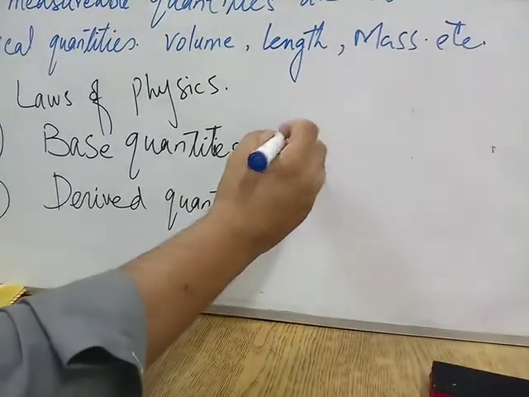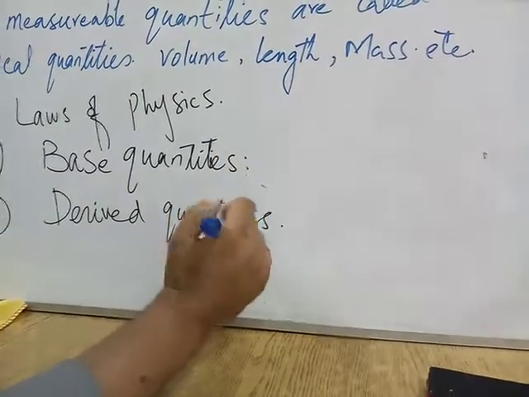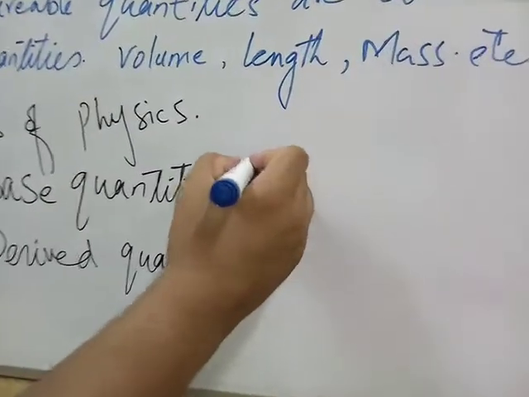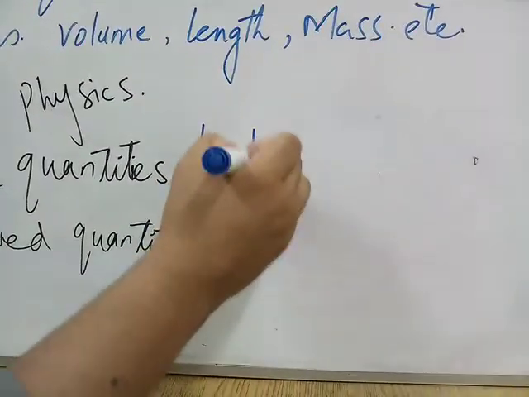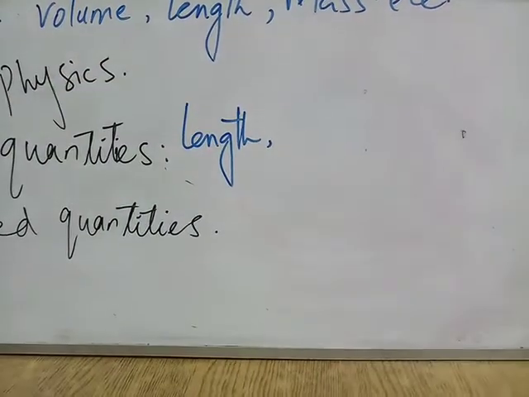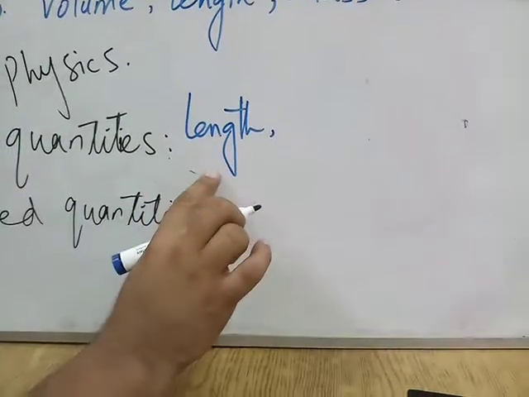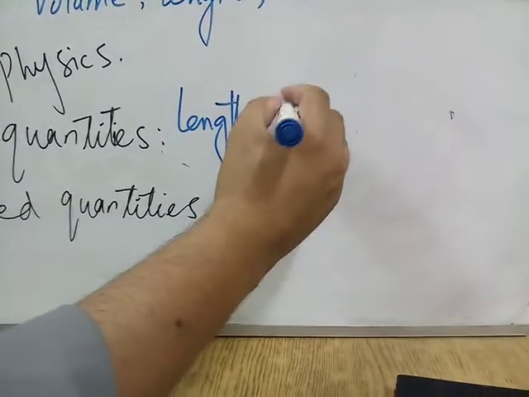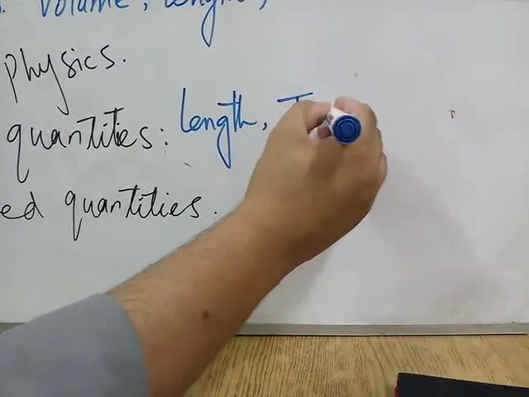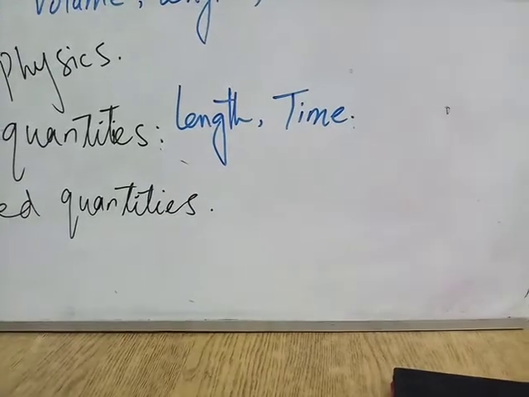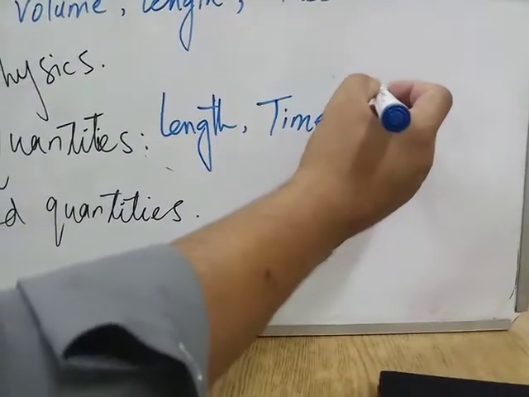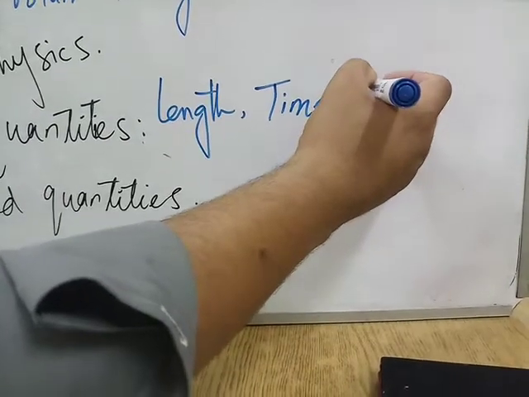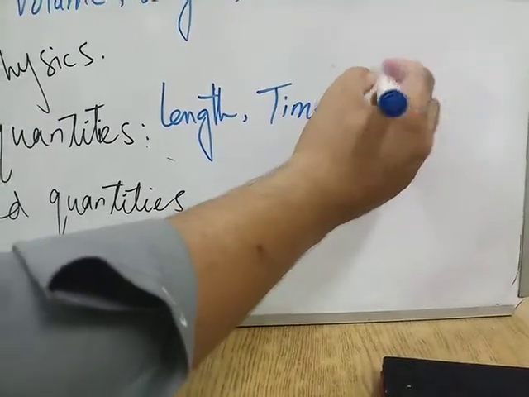It means there are only 7 base quantities which are not derived from other quantities, like length. Length is a base quantity. This quantity is not derived from other physical quantities. Time is also a base quantity. The amount of substance is also a base quantity.